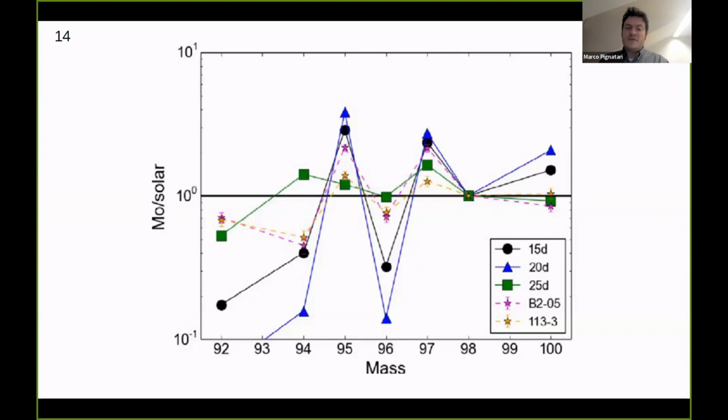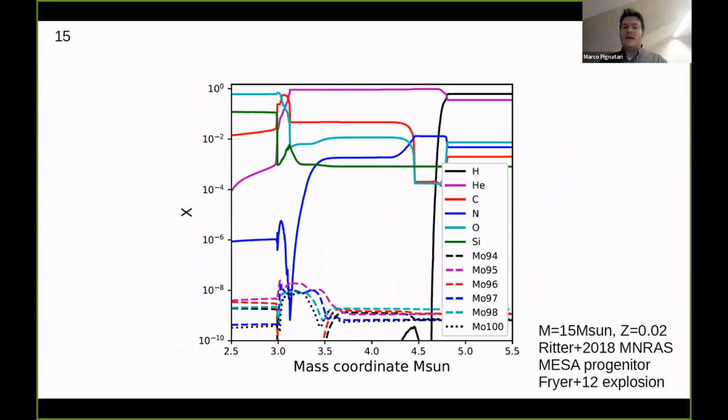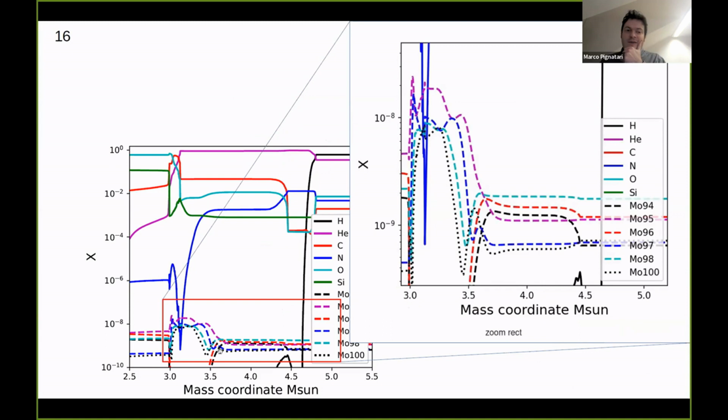So this means that the information that we get is not on the neutron density itself; it gives information, for example, on how strong the shock was in the helium shell. To clarify this point better, I show another model, not the one shown before. It's a 15 solar mass. And here I zoom in on this region at the bottom of the helium shell where the peak of the neutron burst is hitting. If we look at the 95, first of all, there is a lot of structure.